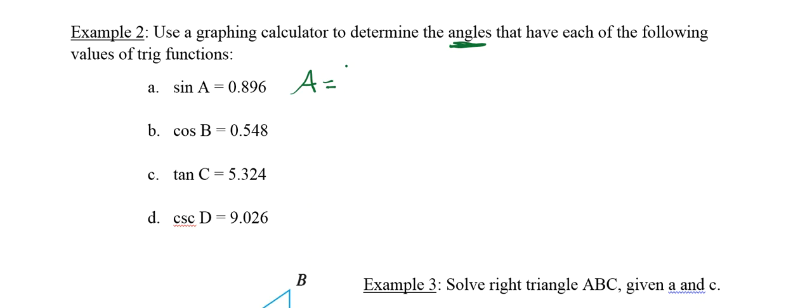To find the angle, I don't actually use sine itself, I do the inverse of sine. So this little exponent of -1 tells the calculator that I'm looking for the angle instead of looking for the ratio. So sine to the -1 of 0.896. So hopefully you've found that button.